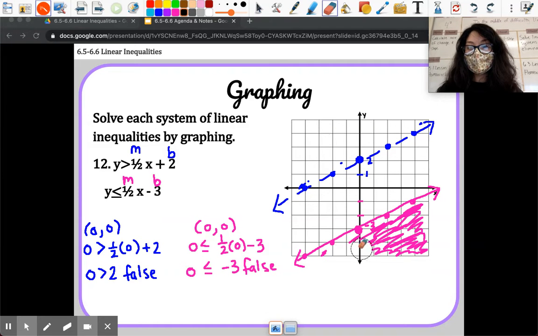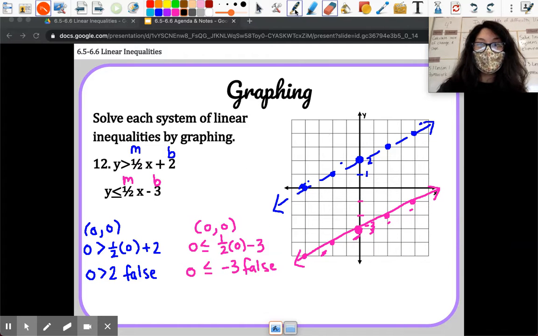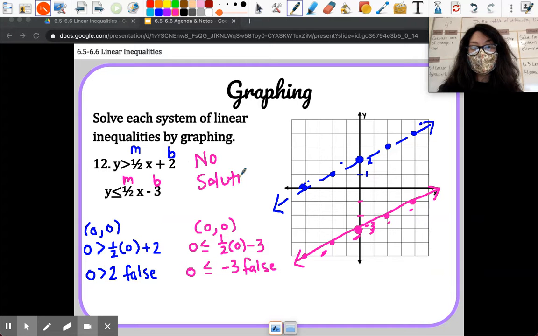Because remember, the part that contains the solution is the part of the graph where the shading overlaps. But if there isn't one, this should look like a blank graph. And I'm just going to write as my final answer, there is no solution. If the shading does not end up overlapping, there's no solution.